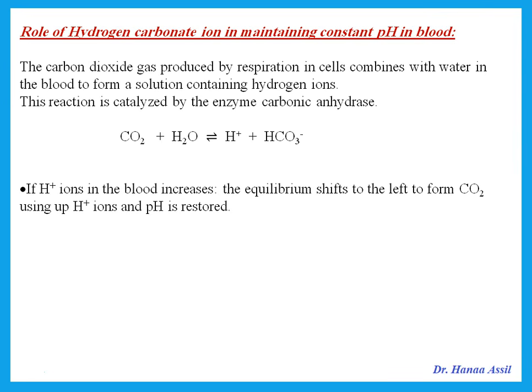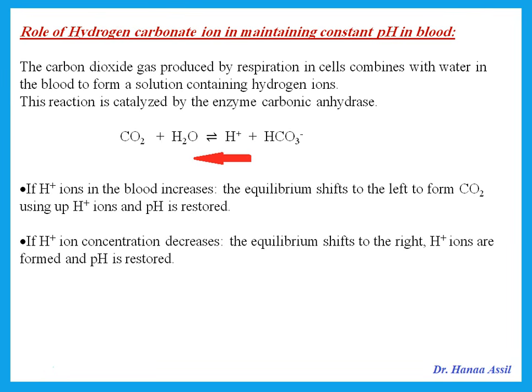If the concentration of H plus ions in the blood increases, then the equilibrium will shift to the left and form carbon dioxide, using up the H plus. And if the H plus ion concentration decreases, then the equilibrium will shift to the right, the H plus ions are formed, and the pH is restored.